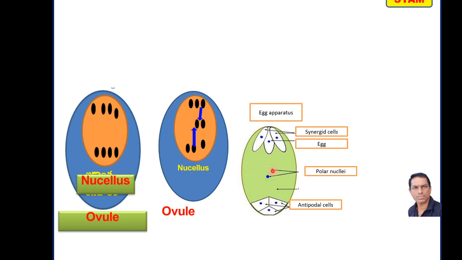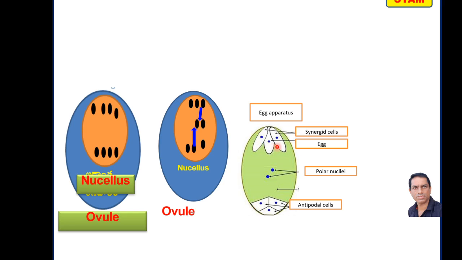If both nuclei fuse, they are called the secondary nucleus, and a cell wall is formed. This is called the polar nucleus cell or secondary nucleus cell. This Polygonum type is generally 7-celled and 8-nucleated.